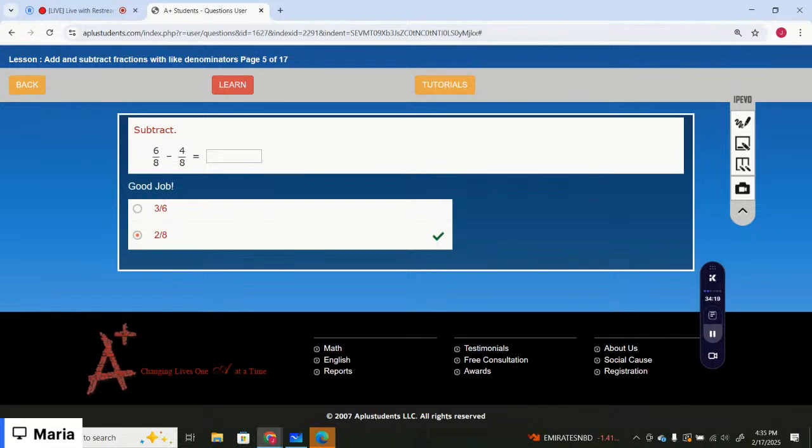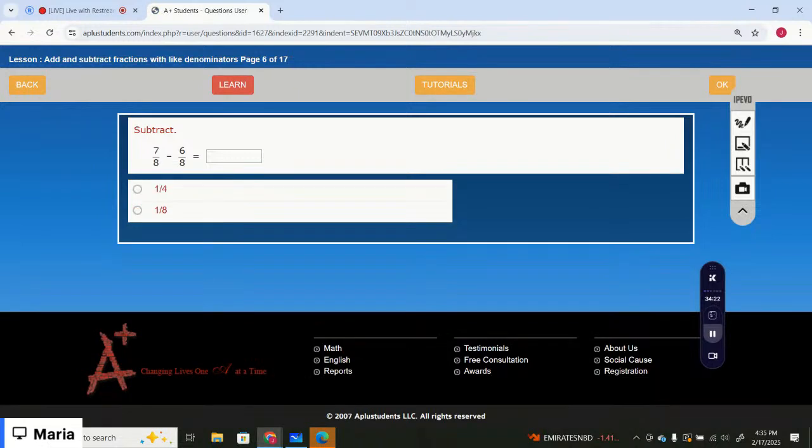That is 2 by 8. Very good. Option number 2 is the correct option. Seven by 8 minus 6 by 8.